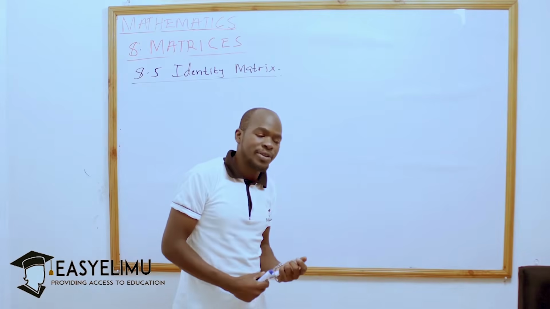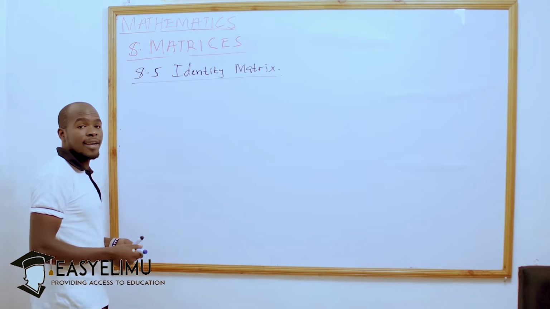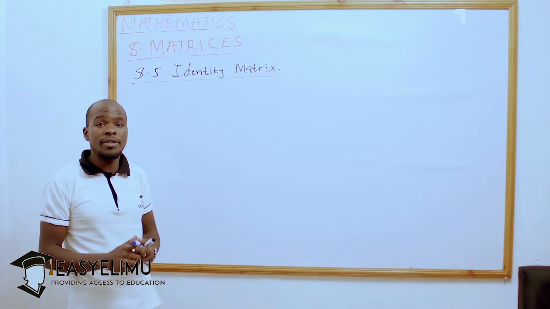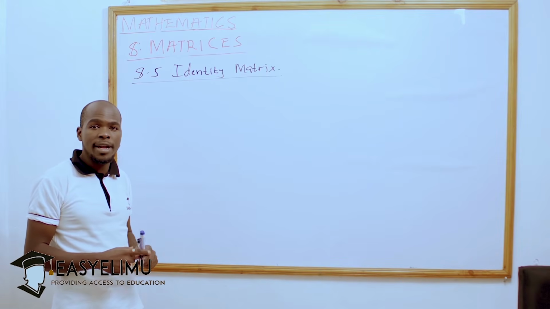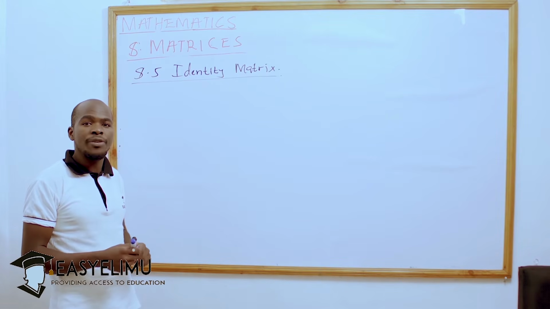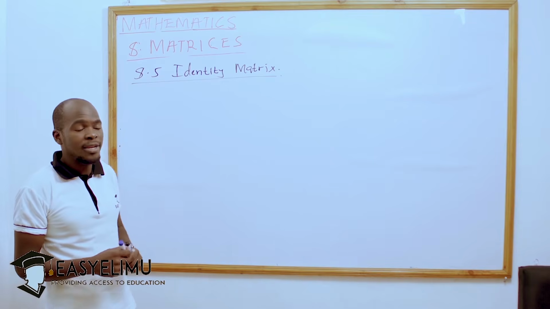Let's see the identity matrix. Here we are going to consider some given examples of identity matrix, and from there we can understand what we refer to when we say identity matrix.